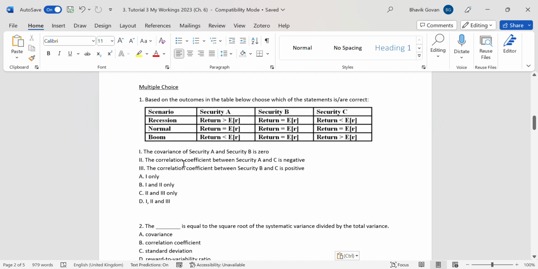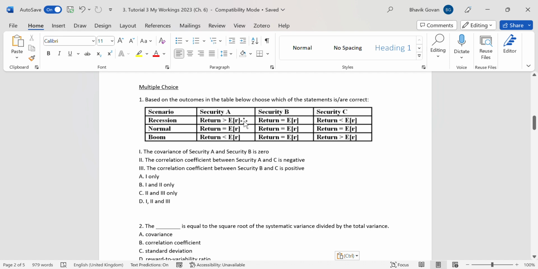So based on the table, which of the statements are correct? So the covariance of security A and security B is 0. So covariance, that's to do with how they move with each other. If it's 0, it means that they're completely unrelated.